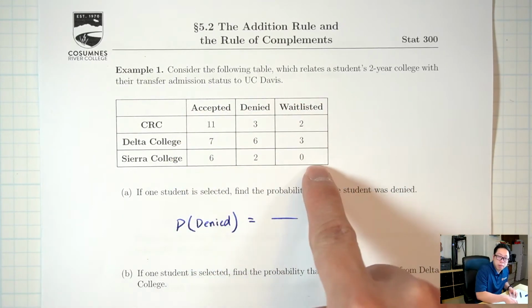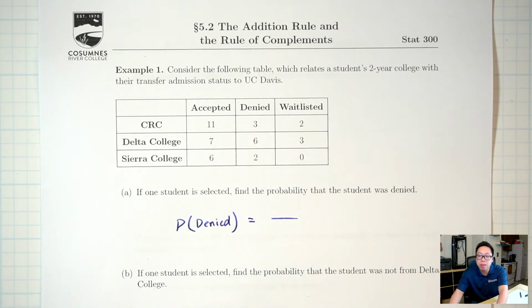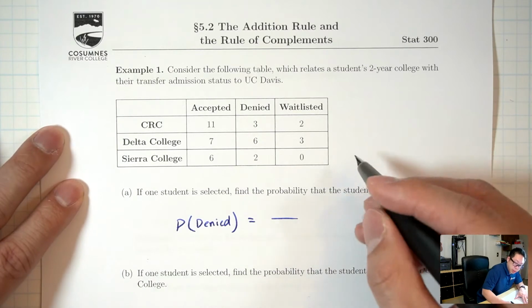What's the total here? So 11 plus 3 plus 2 plus 7 plus 6 plus 3 plus 6 plus 2 plus 0. That's 40. So we have 40 total students represented by this table.